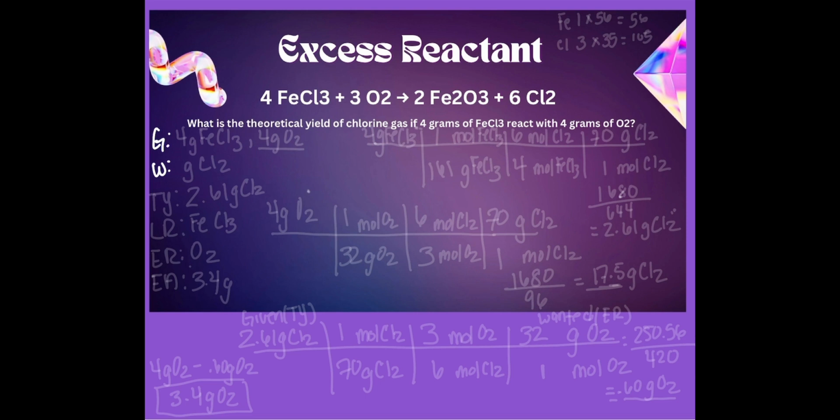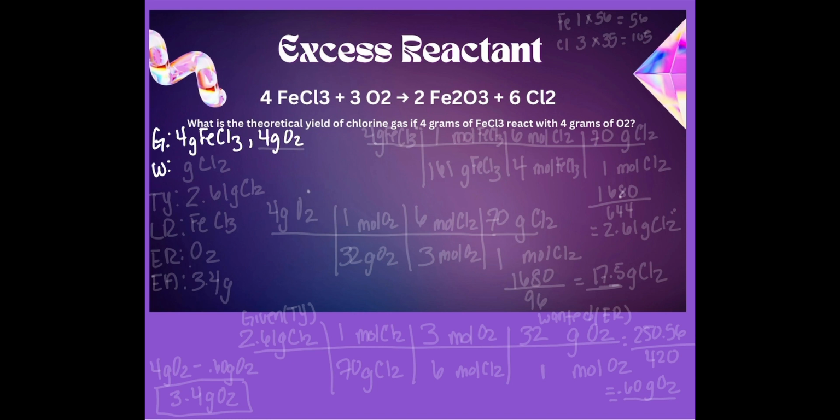Now, when I read the problem, it states, what is the theoretical yield of chlorine gas if 4 grams of FeCO3 reacts with 4 grams of O2? I can see that I am given two givens, one being 4 grams of FeCO3 and then the other being 4 grams of O2.